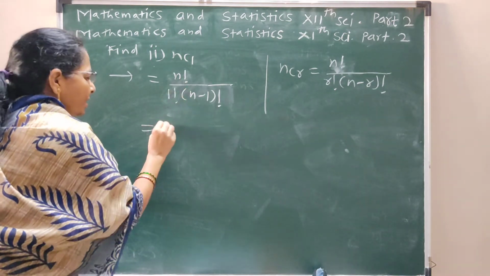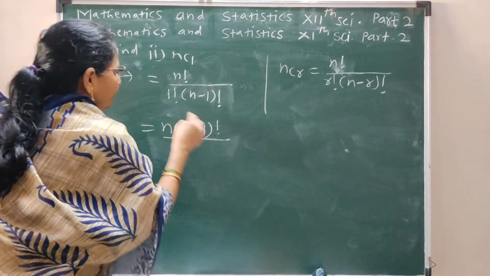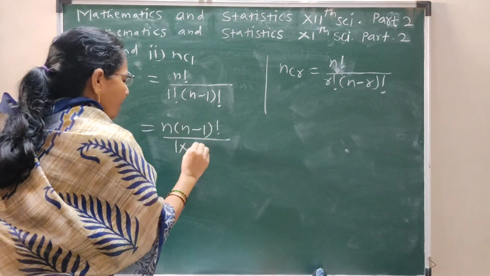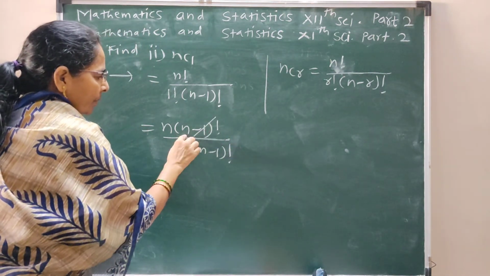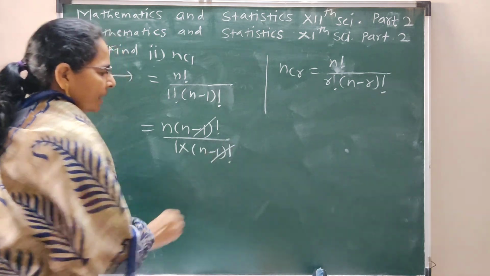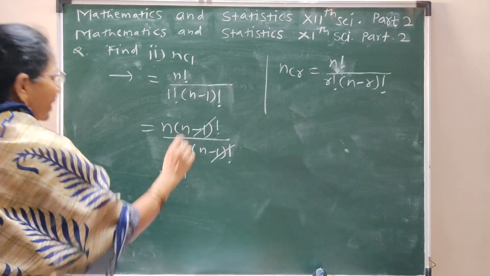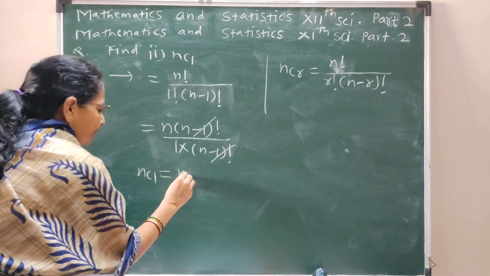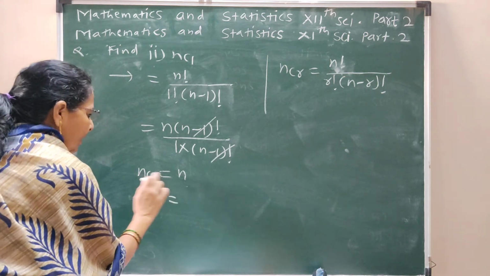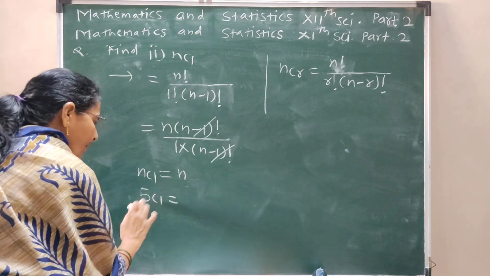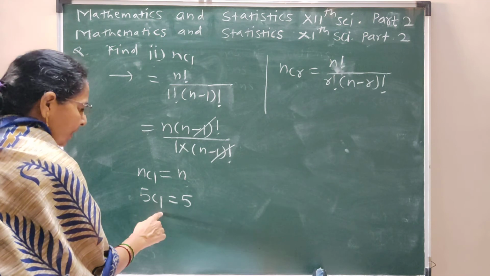Now n factorial is n times (n minus 1) factorial. 1 factorial is 1, and the (n minus 1) factorial gets cancelled. You have answer n. That means always nC1 is n. If we take 5C1, n is 5, so 5C1 is 5.